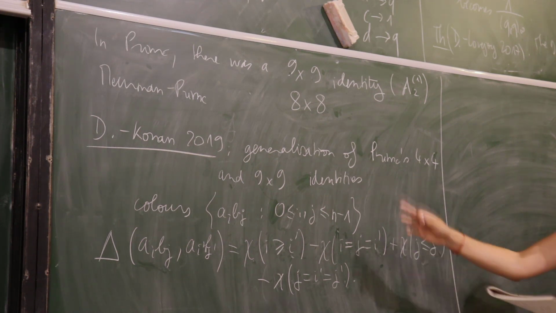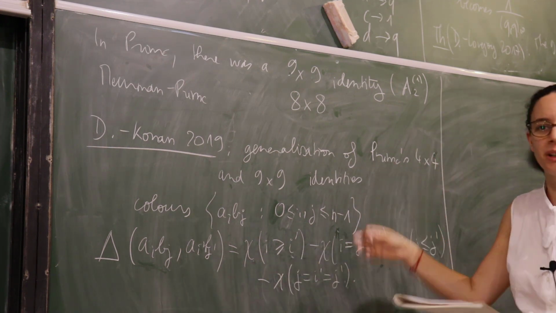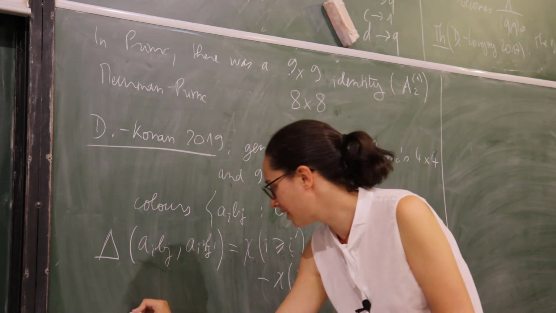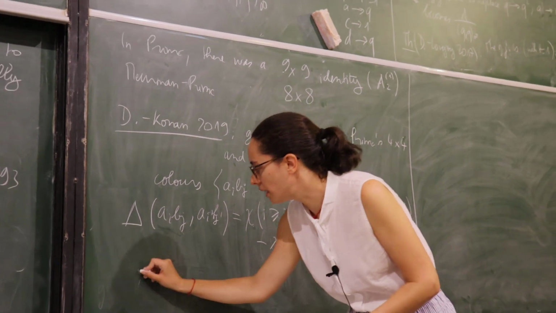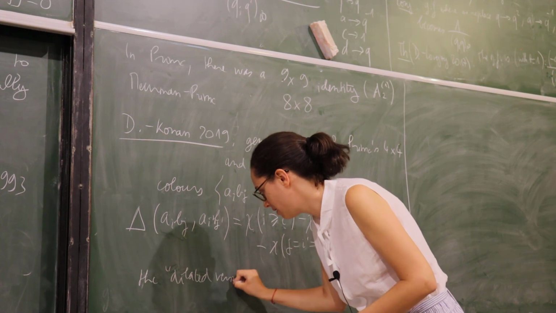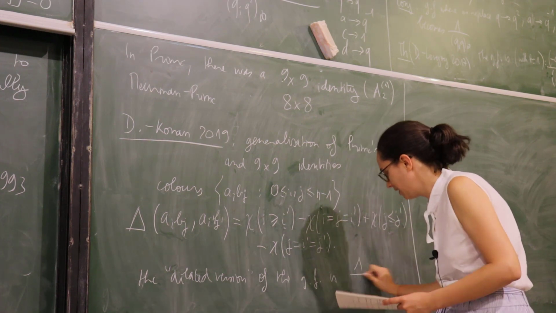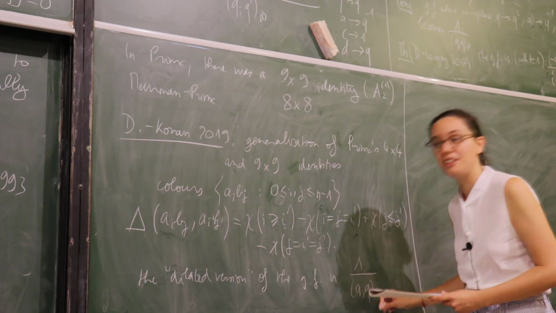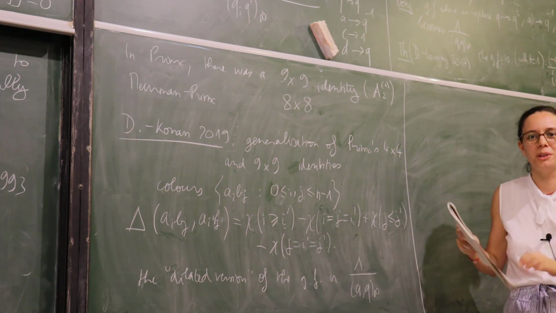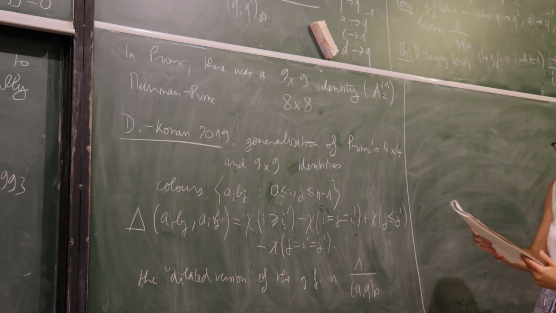We showed also that we have a non-dilated version, but let's not, because I'm at the end of my time. I will just say that the dilated version of the generating function is 1 over (q;q) infinity, like in Primc's, but we have a slightly more complicated formula with colors.